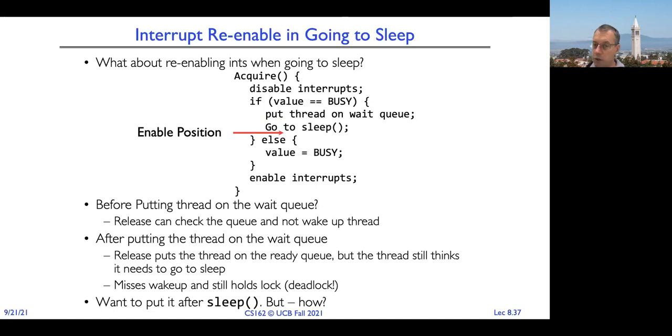Anyway, in order to solve the problem, you need to release a lock after going to sleep. But how do you do it? Because the thread is sleeping, so how can you execute an instruction to enable the interrupts?